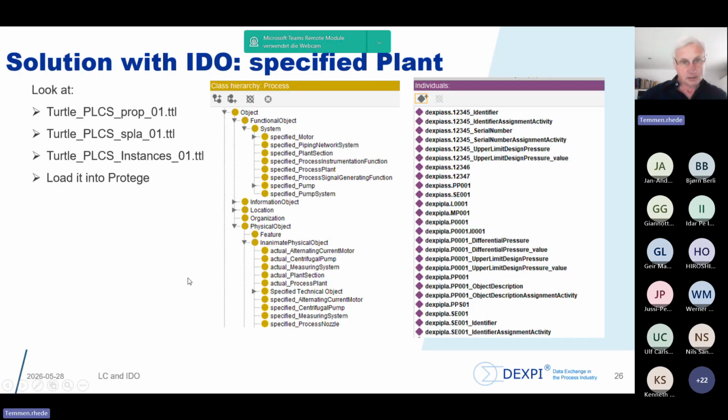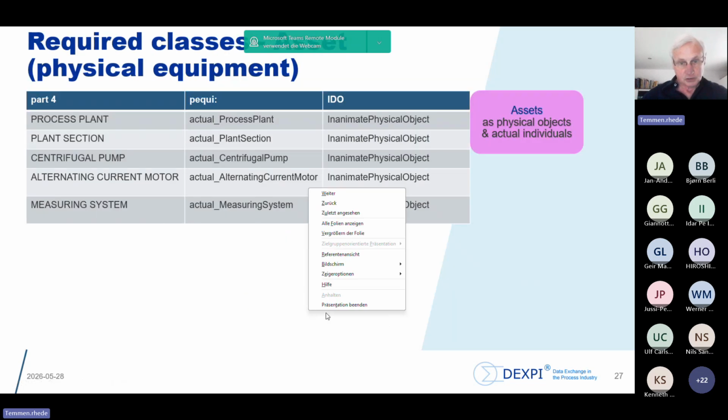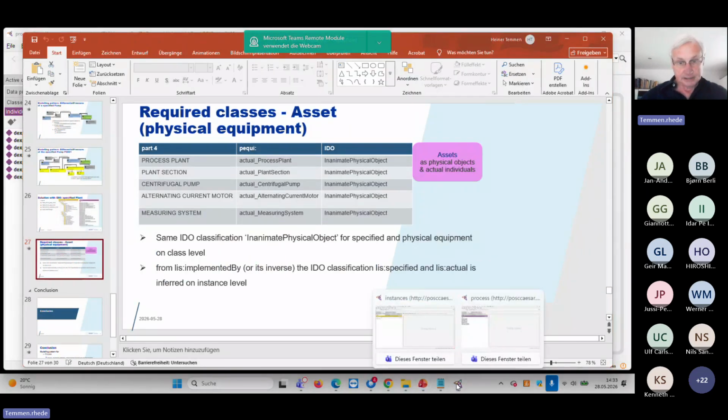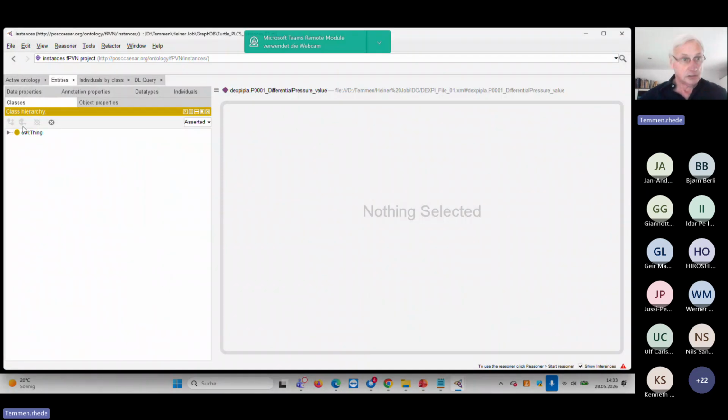Looking on the watch, I say, okay, we could go very quickly to Protégé, and I load that one, updated before, and here we see all the instances I had a look at.